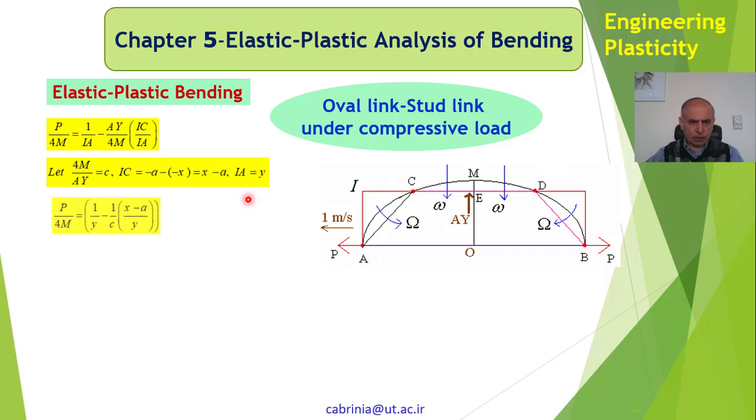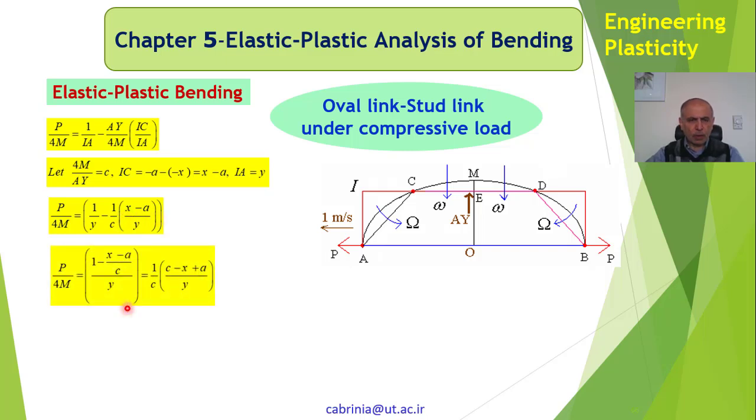So these are the coordinates X, Y of C. So P over 4m is 1 over Y minus 1 over C times X minus A over Y. And we could rearrange this, and that's again the equation of the ellipse.